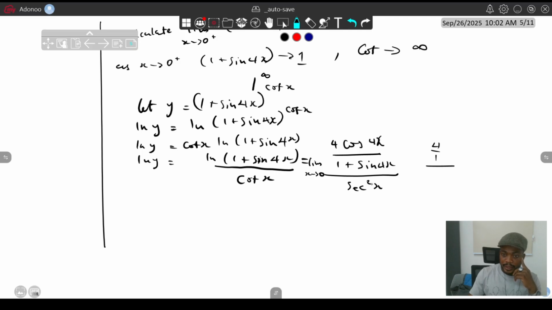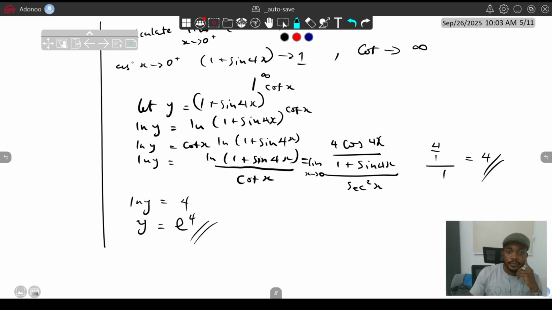So sec squared 0 is 1. So we have our answer as 4. Good. So now that we have this, don't forget we have ln y to be equal to what? 4. Hence y will be equal to e raised to the power 4.